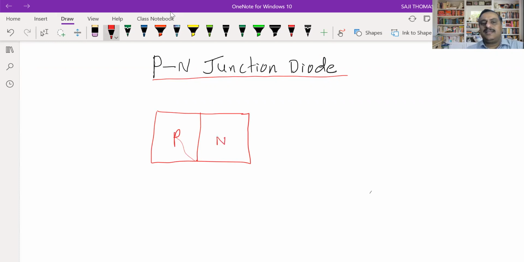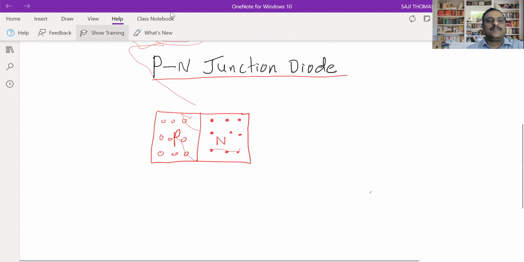P section, majority carriers, you know, holes. N section, majority carriers are electrons. And at the center near the junction, there is a thin layer called a depletion layer. Depletion region.